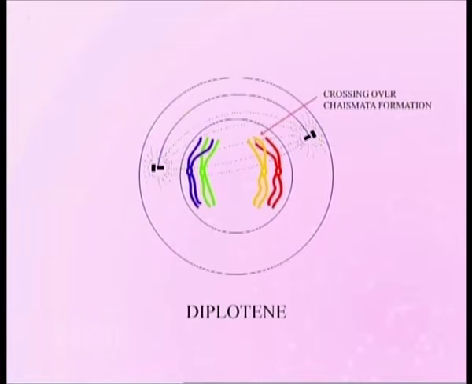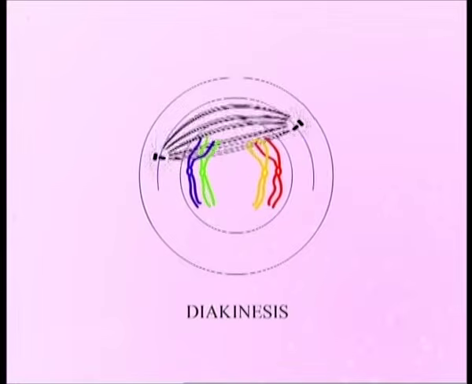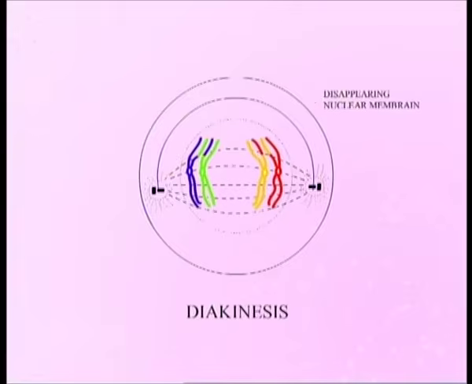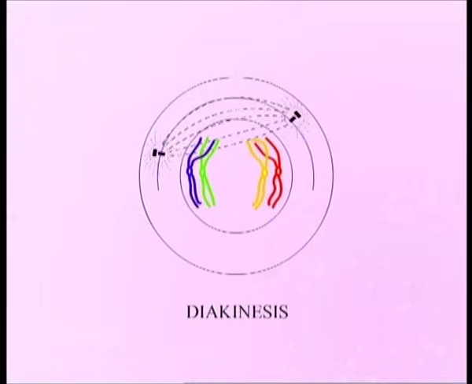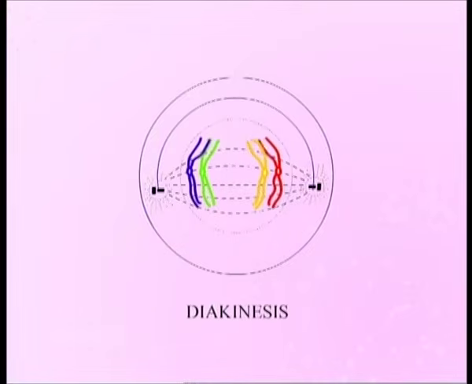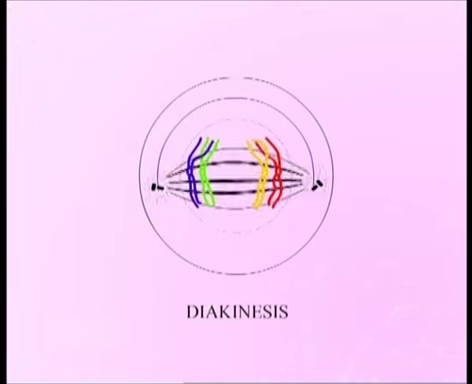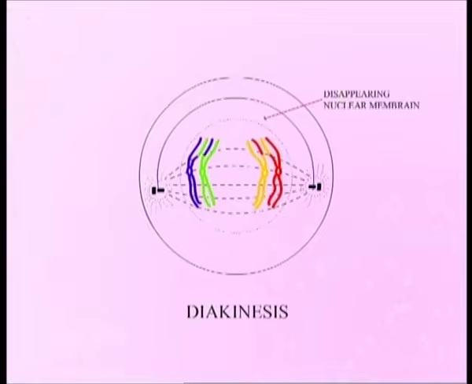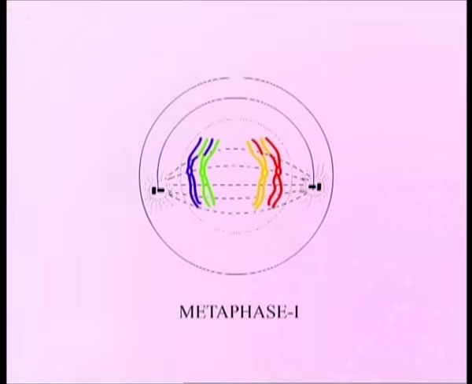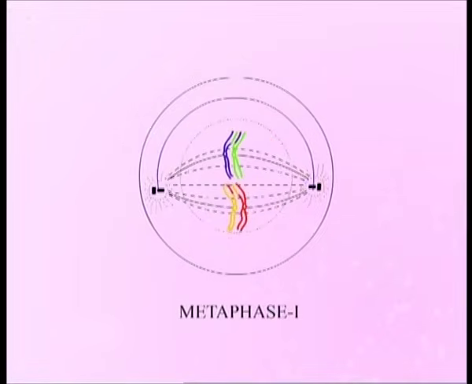The process is known as genetic recombination. In diakinesis, the homologous chromosomes of a bivalent move apart from each other and become more compact. Nuclear membrane and nucleolus disappear. Spindle formation is completed. In metaphase I, the nuclear membrane and nucleolus have disappeared.